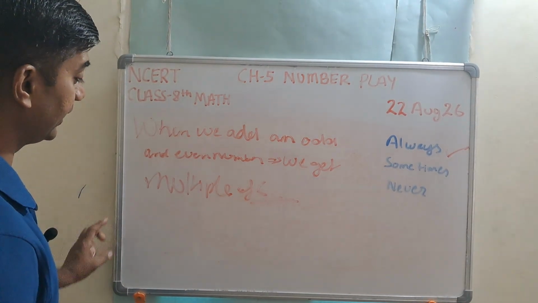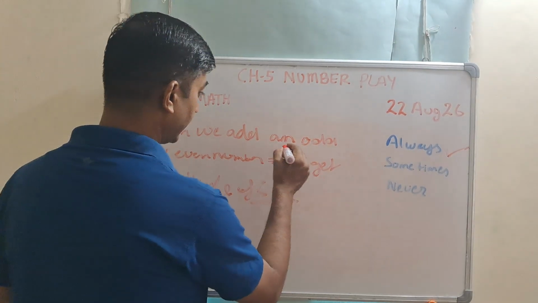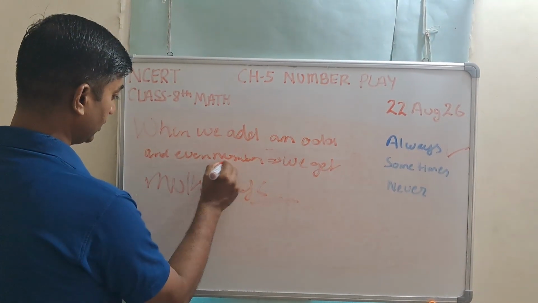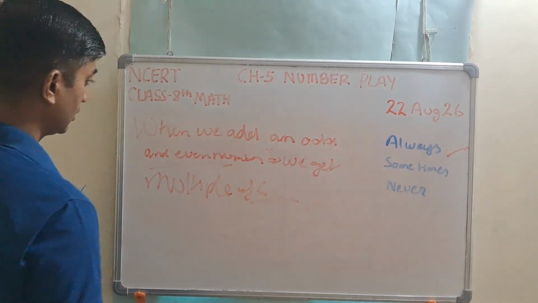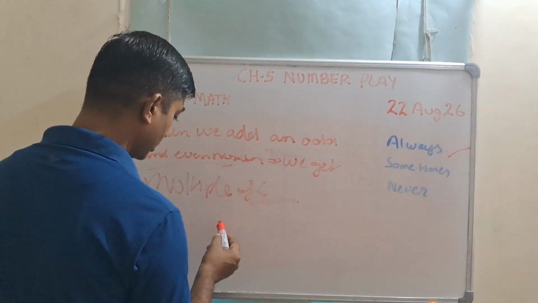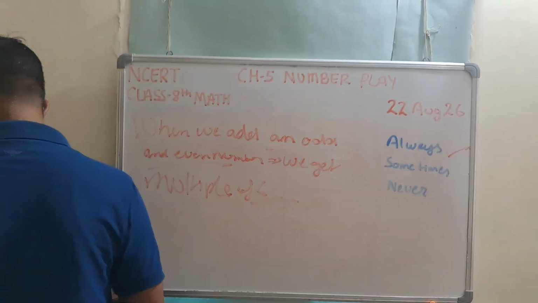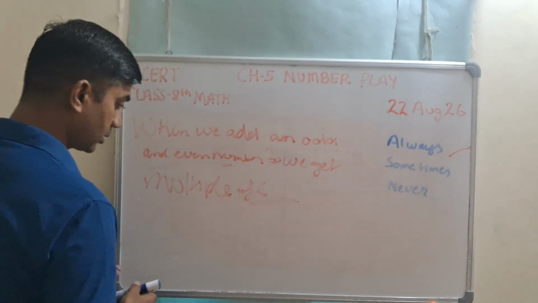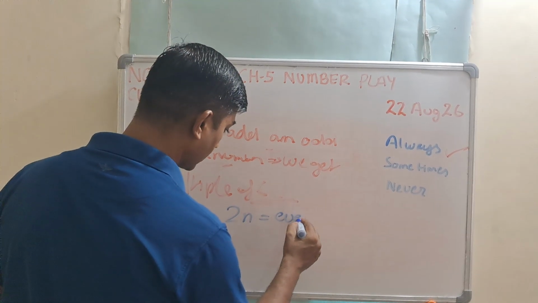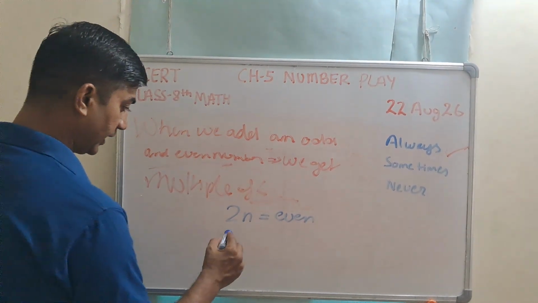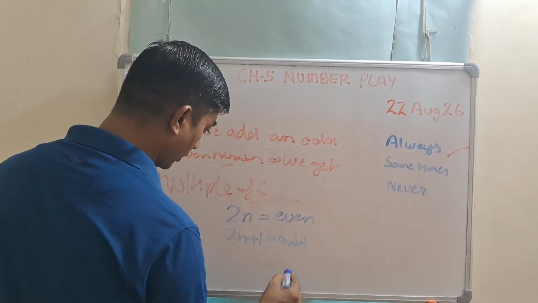Now what this statement is saying is an odd number and an even number. Understood? Suppose, we'll see. Now see, 2n is even and 2n plus 1 is odd.